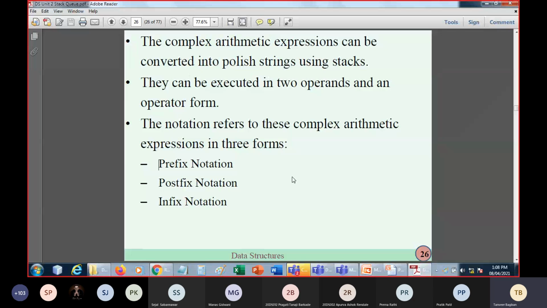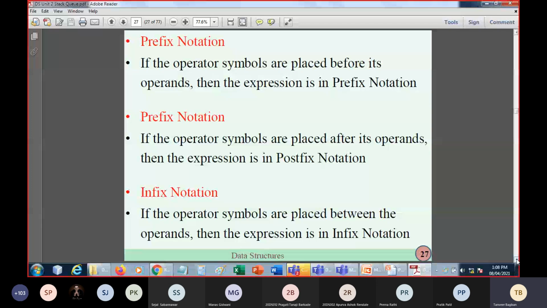Now let us see what these 3 notations are: prefix, postfix, and infix. In prefix notation, the operator comes first; pre stands for operator first. In postfix notation, post means the operator comes last.